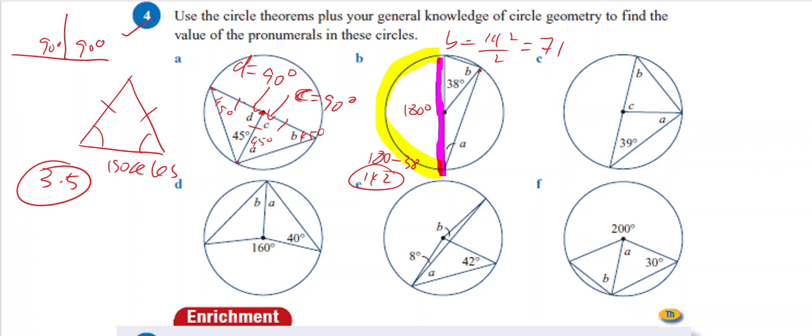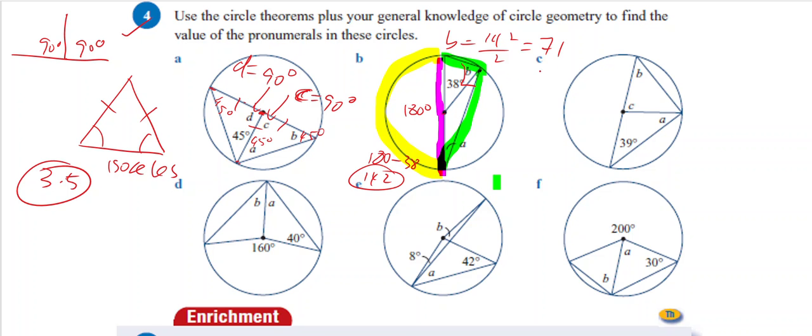And the same arc going to the outside will be half of it. So half of 180 would be 90. So if I draw an angle here, this angle must add up to 90 degrees.